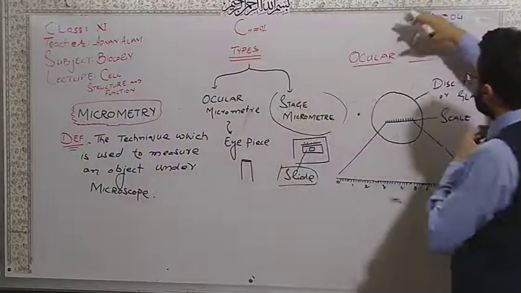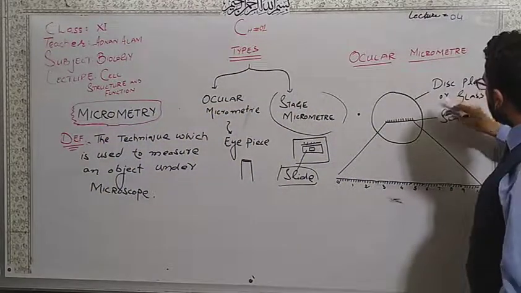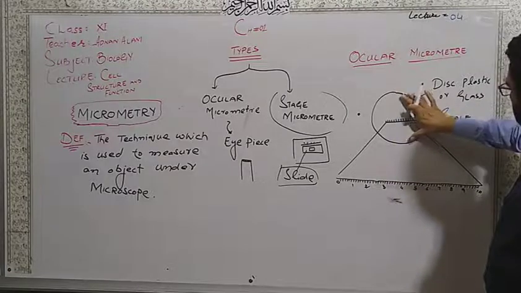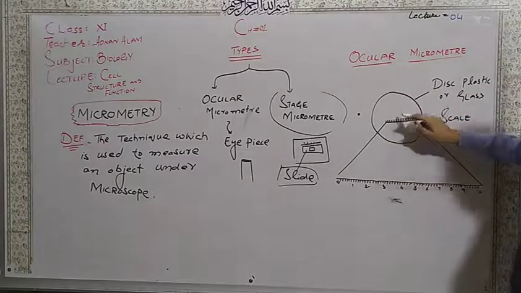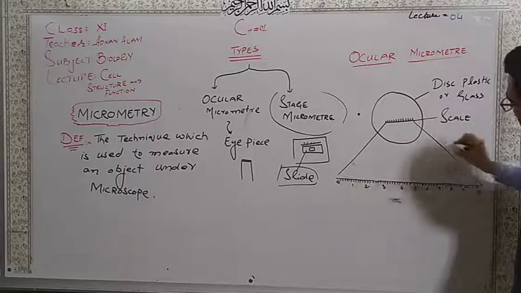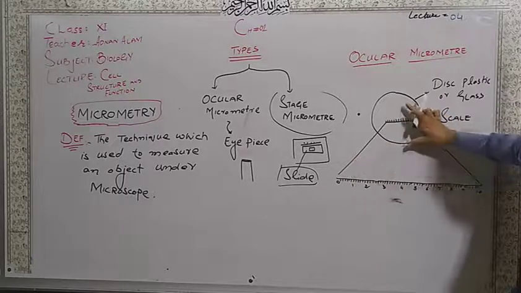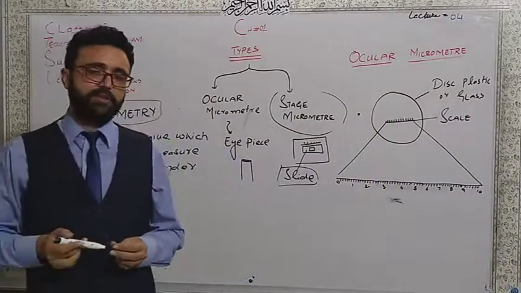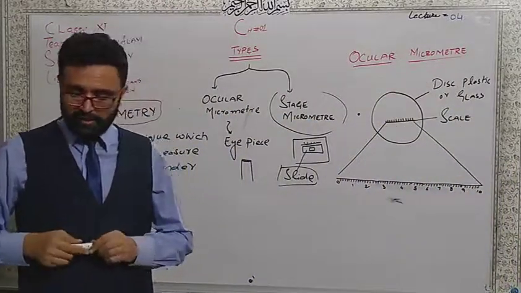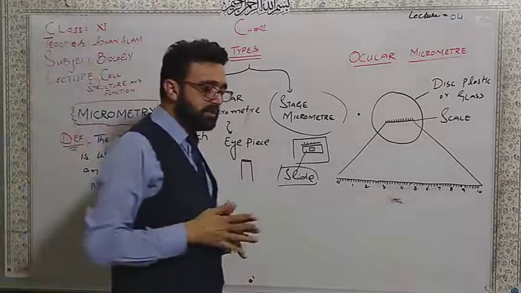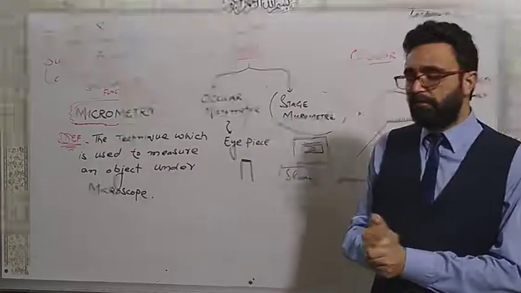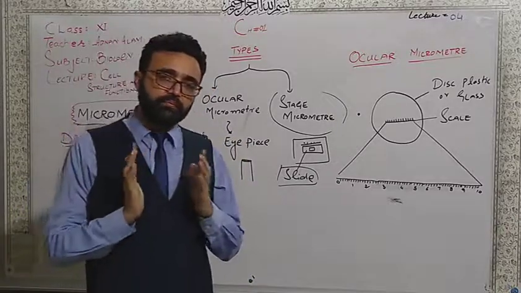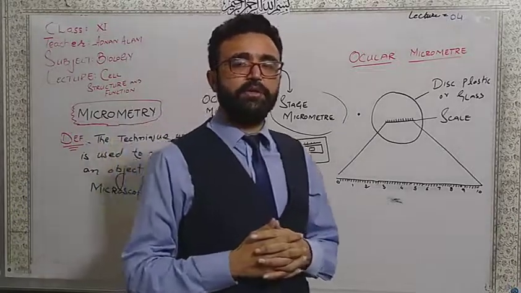Now this is the ocular micrometer. If you see, it is a disc of plastic or glass, and this is the scale. If we enlarge the scale, it tells us about the size of the object, how much the object is enlarged. My dear students, that was all about the different techniques which are used in cellular biology.